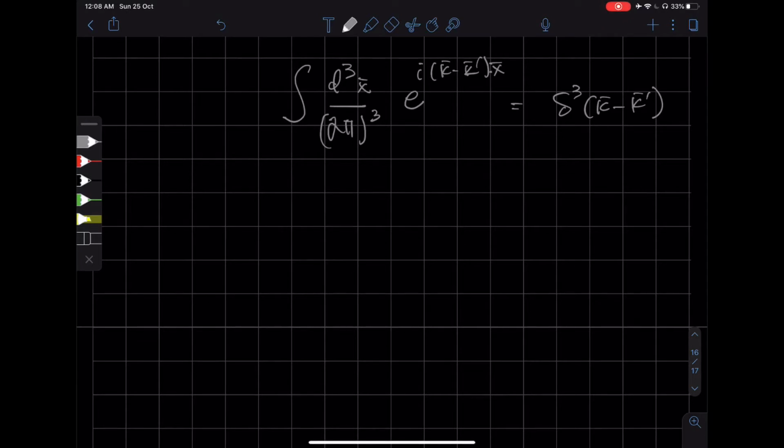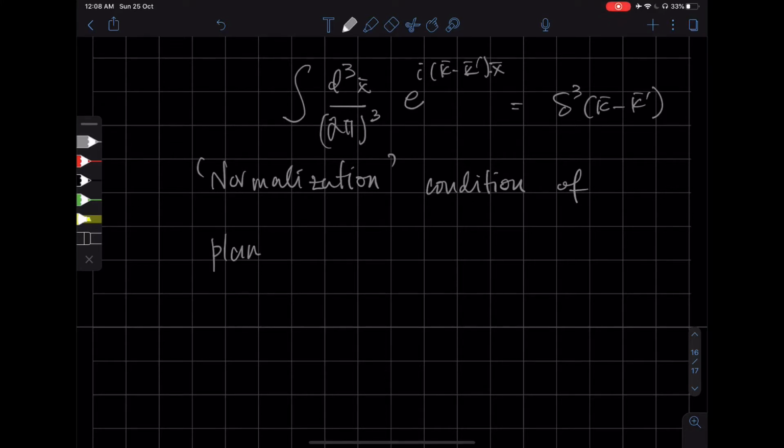And this was the normalization condition of plane waves in quantum mechanics. The plane waves, as you know, are not normalizable. So this was chosen so that the Fourier transform made sense.